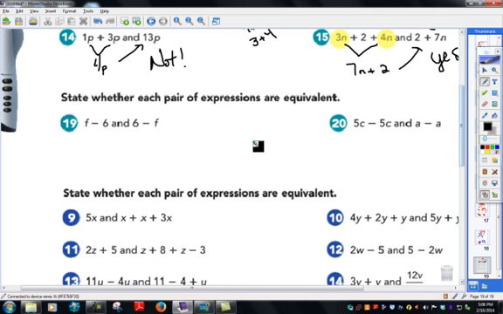State whether the two are equivalent. Guys, I hope nobody thinks yes on this one. Why is this not equivalent? Because there is no commutative property of subtraction. You cannot just pick a number. Pick 1. Plug in 1 for f and 1 for f. What's 1 minus 6?